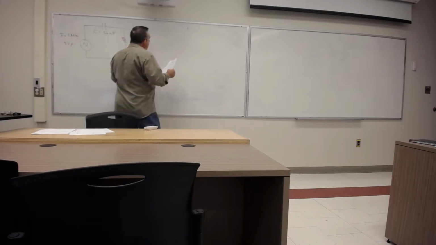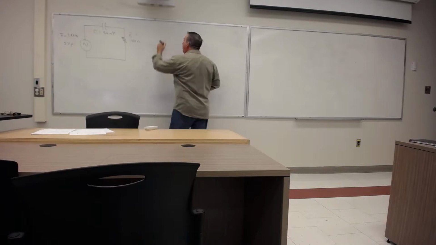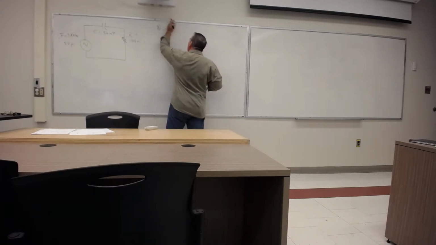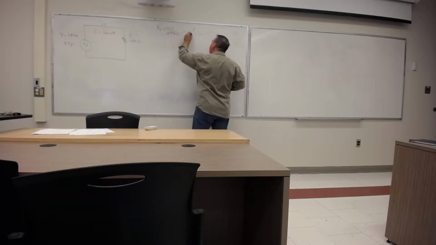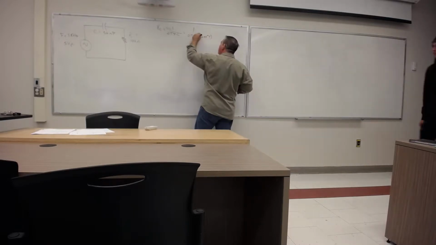So the first thing you would do with this problem is determine XC. XC is 1 over 2 pi FC, so it would be 1 over 2 pi times 7 kilohertz times 56 times 10 to the negative 9 farads.